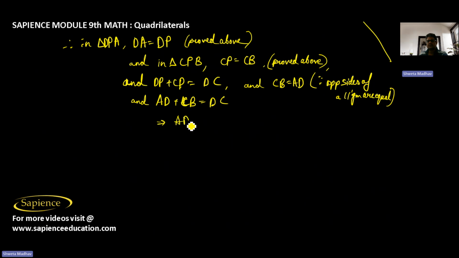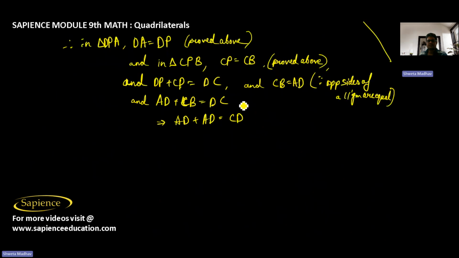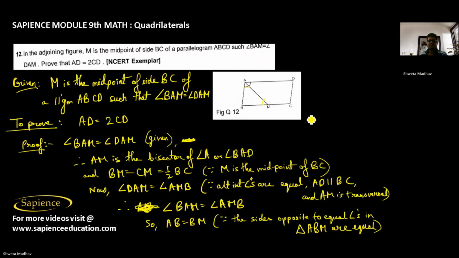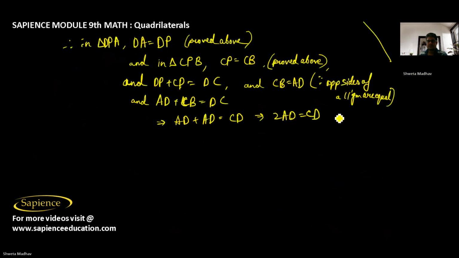So AD plus AD equals CD. So hence I can say that twice of AD equals CD. So hence proved.